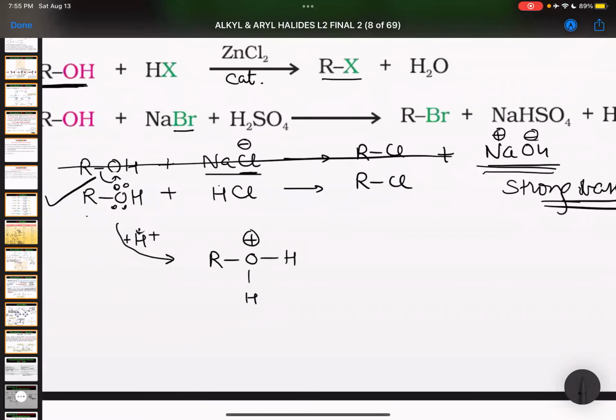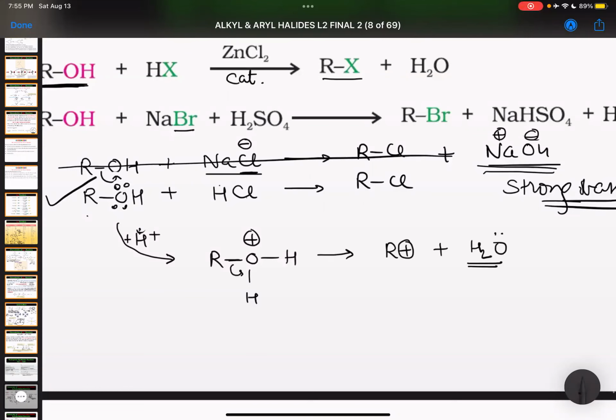And once the OH is protonated, now tell me which group will come out, and will it come out or not? If we have OH2 plus, it is more polar, and if it comes out, it pulls away the bonded electrons with itself and comes out as neutral water. So can this group come out?